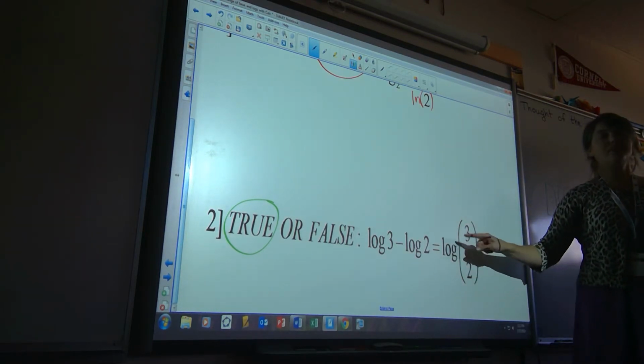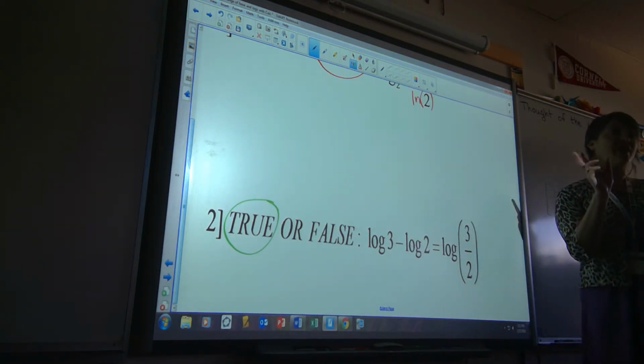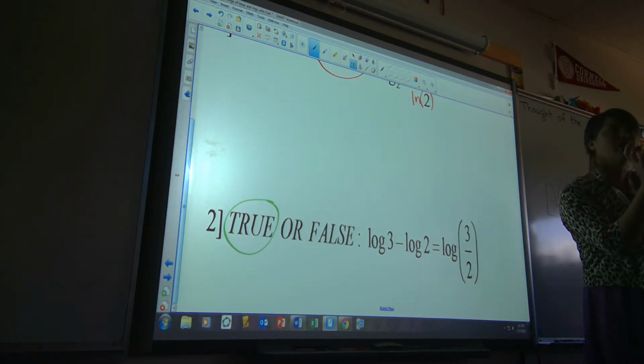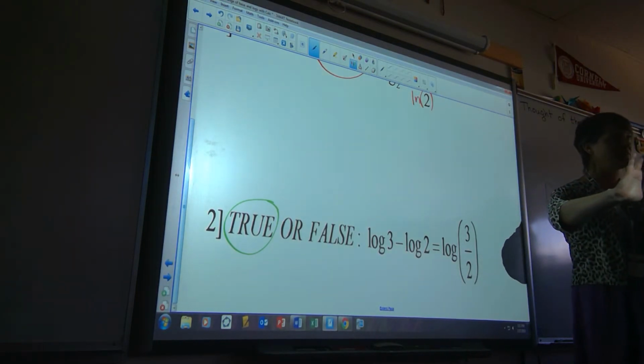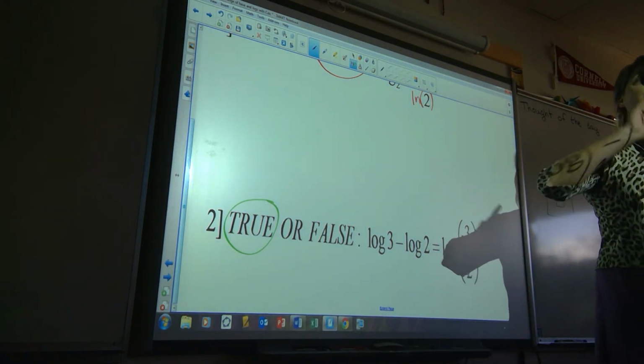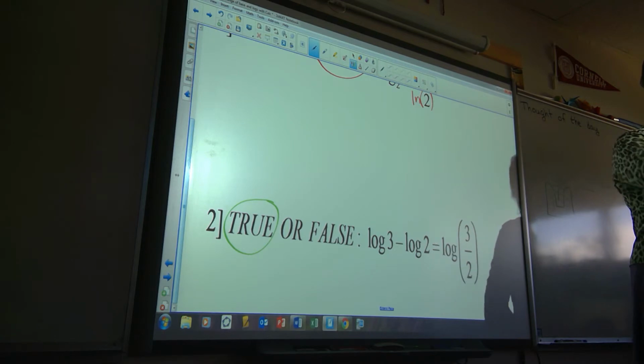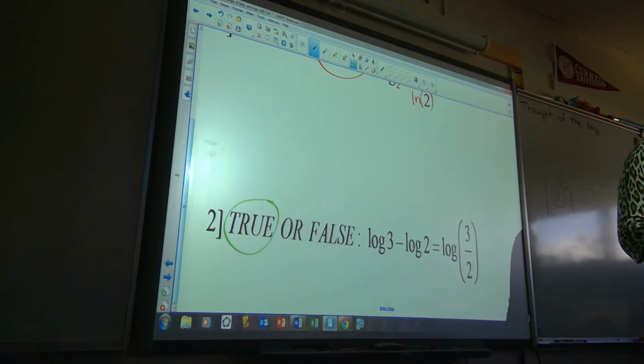So this property is very often confused with the change of base because they're similar enough. So just be aware of that. As you're studying those properties for tomorrow, don't let this change of base throw things off for you. Okay?